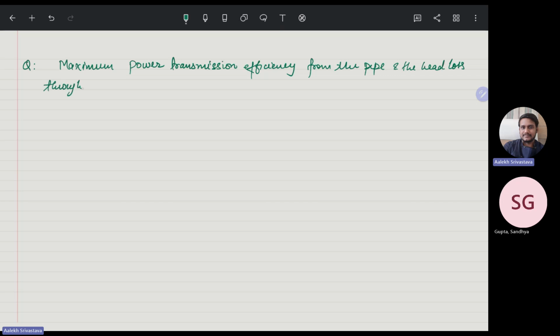You are transmitting a liquid, and for that certain power is required. Now, what should be the maximum power, like maximum efficiency, for this transfer? Efficiency is defined as the total head minus the head loss divided by the total head. This is the efficiency.